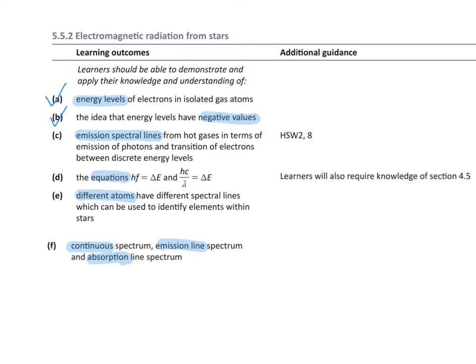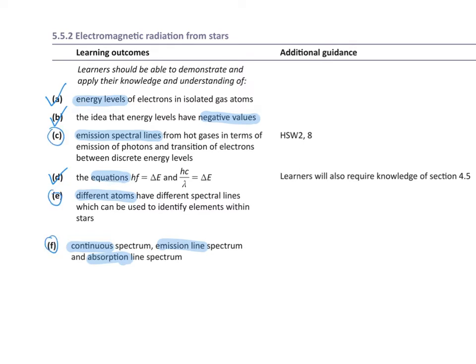We have also looked at the equations that could be used to calculate the frequency or energy depending on what you have. We also talked about how different atoms have different discrete energy levels.